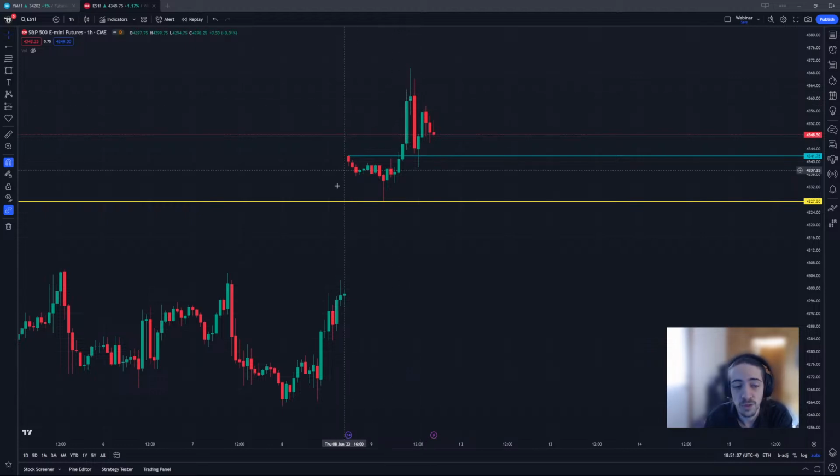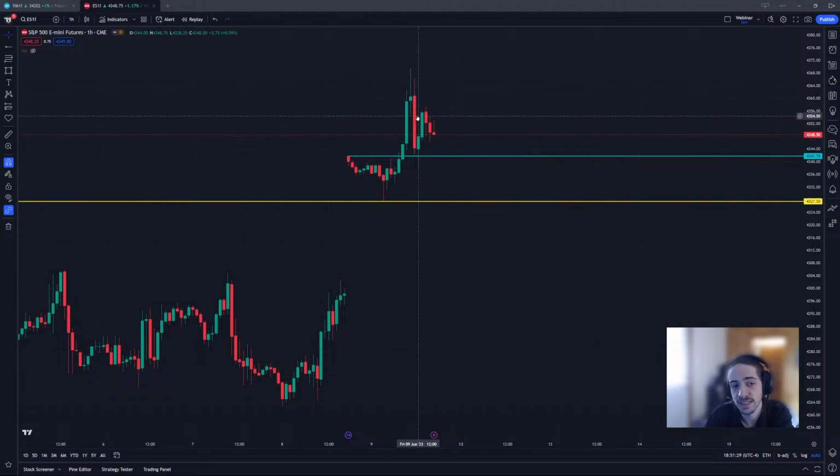Because we've been breaking supplies on ES, that is bullish, but that also means we're going to have to start creating new supplies. So I said, if this candle closes with a small green body and a long upper wick, I expect some type of bearish move after a big impulse move lower.